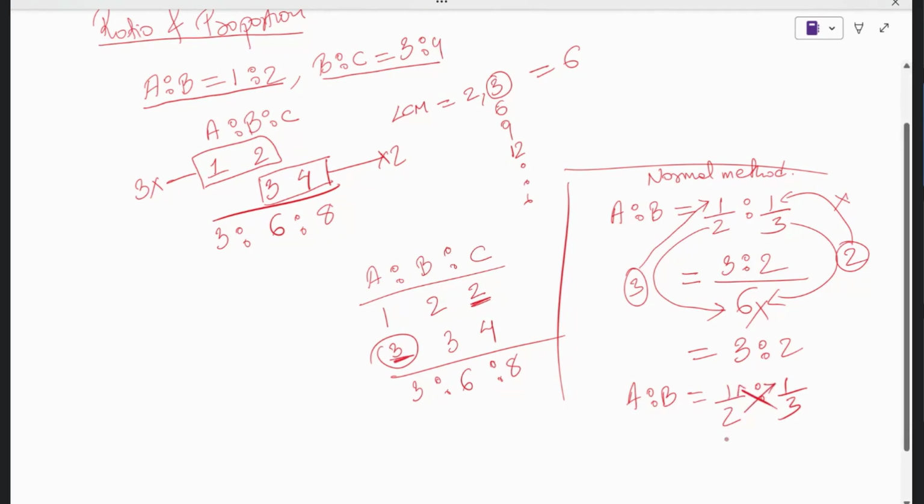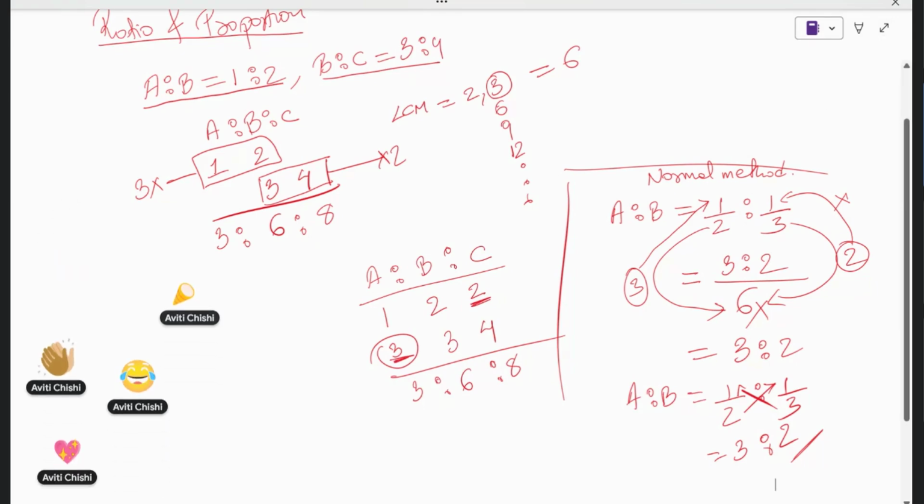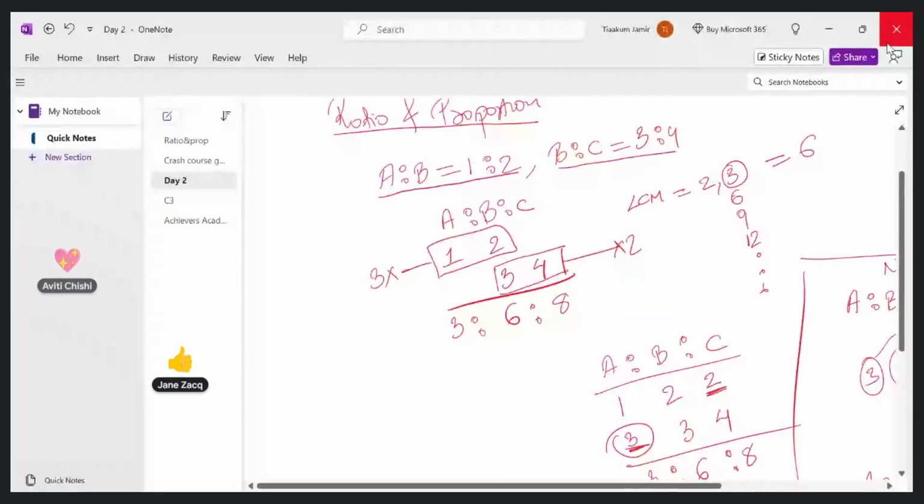That means 3 1 times is 3, 2 1 times is 2. And we're getting the same answer. Clear? All right.